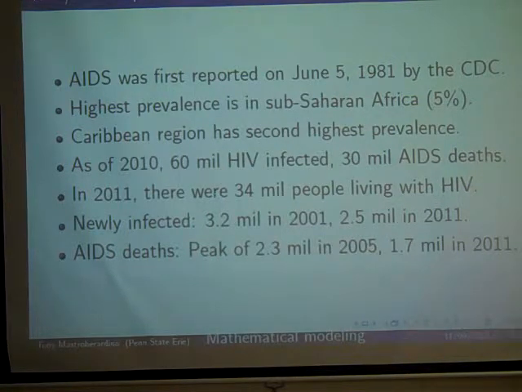The number of newly infected peaked in 2001, and it's on a steady decline, as is the number of AIDS deaths, which peaked in 2005. These decreases can be accounted for: the number of AIDS deaths decreasing is due to the antiretroviral therapy that's working, and the fact that the newly infected number is decreasing is due to preventive measures.